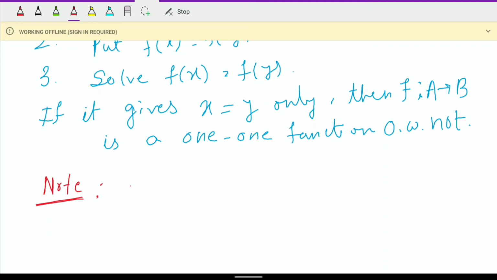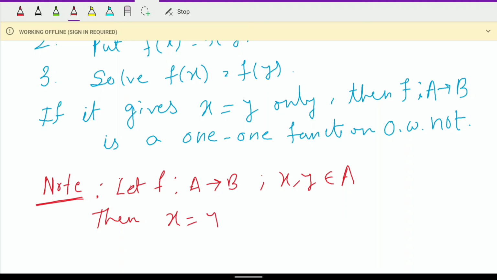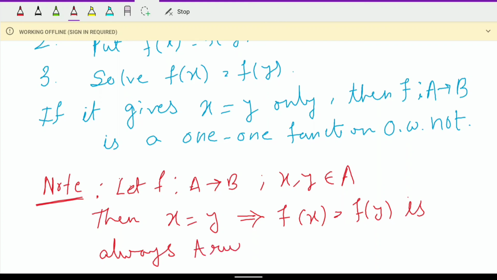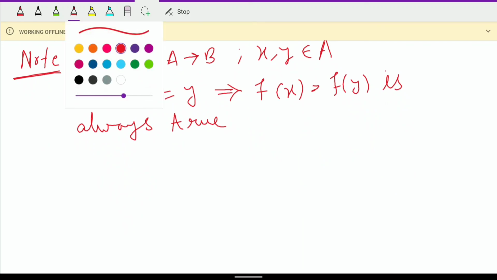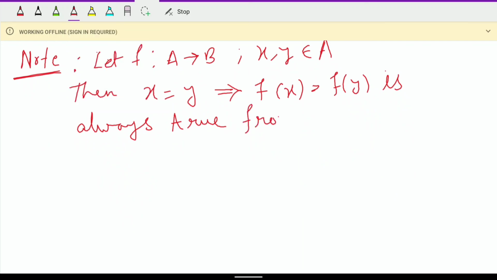Right? It's always true from the definition. I've already written the definition.